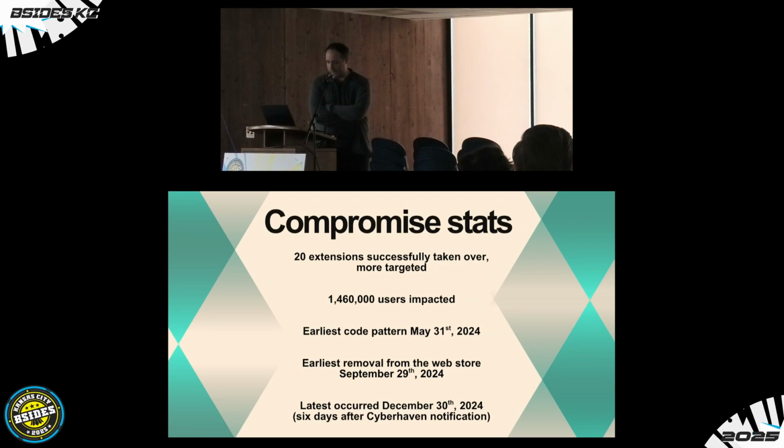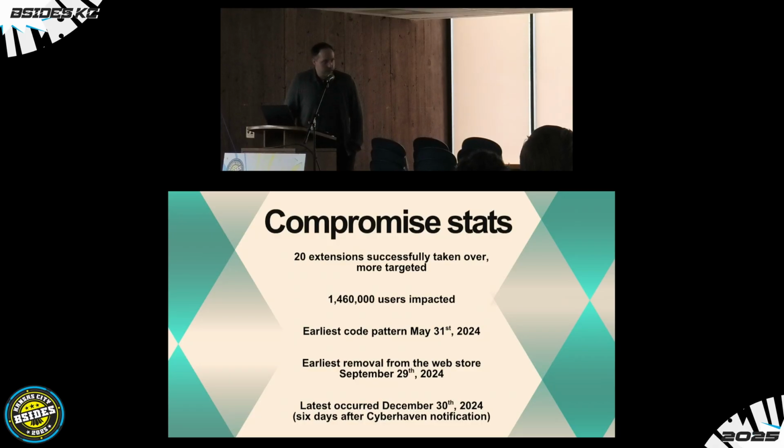The total compromised stats are that in this attack, there were 20 extensions successfully taken over, and even more targeted but unsuccessful. Developers said, hey, I got this phishing email, I deleted it, but this is really fishy. In total, almost 1.5 million users were impacted.